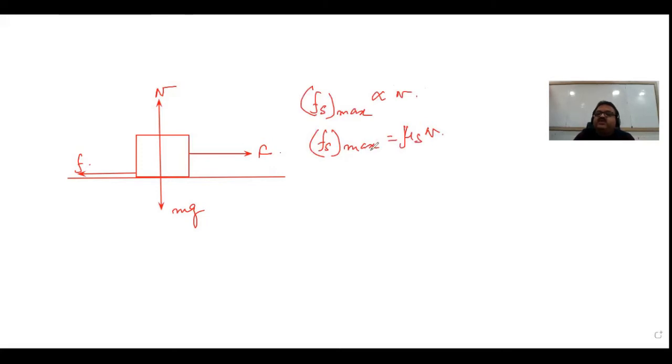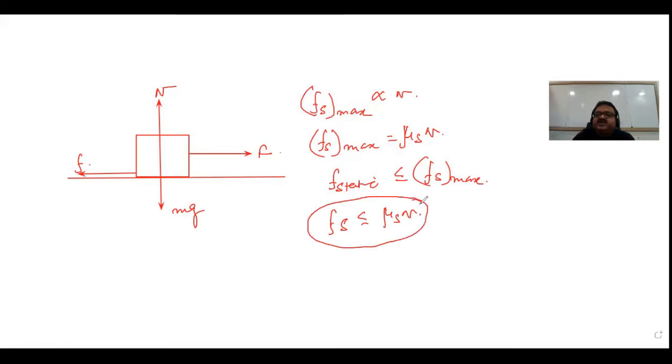That means up to this value, static friction is self-adjustable. It is equal to the net applied force. So we can write Fs is less than or equal to Fs maximum, or Fs is less than or equal to mu s N. Please keep in mind, only when the body is about to slide, apply this formula, otherwise not.